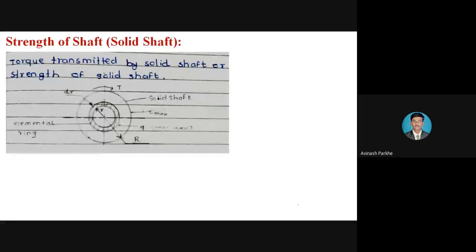So sometimes we use a chain drive, a belt drive, or gears in between these shafts, and the power is transmitted from one rotating element to another. During that power transmission, the strength of that shaft should be high.